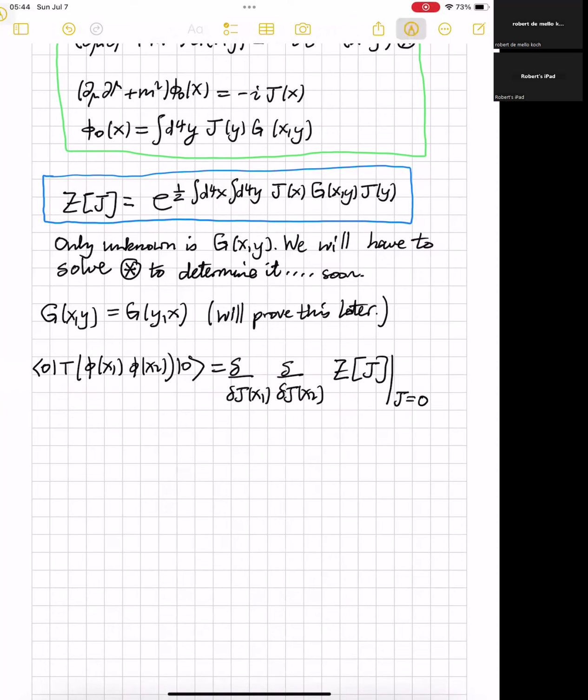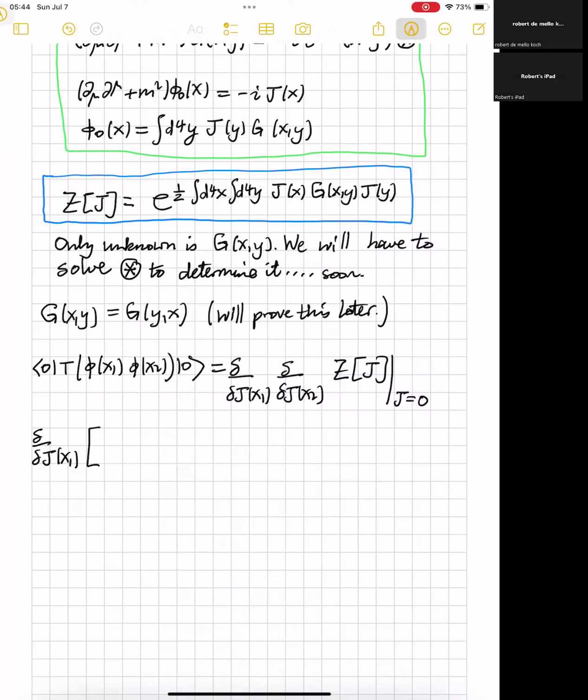So this is what I want to do now. Let's see, what do we get? We'll have delta over delta J of x1, and now let's calculate the functional derivative with respect to J2 of that expression in the blue box. You've done computations like this before.